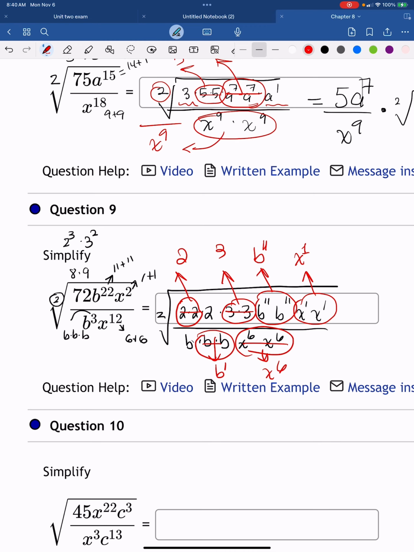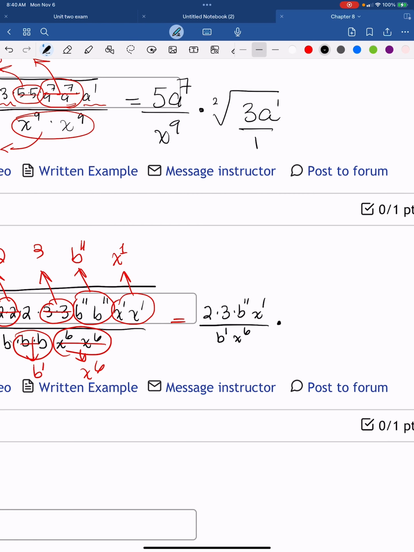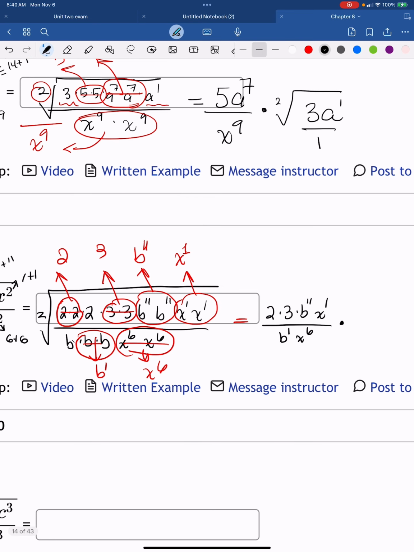But I am left with something in the denominator. So I've pulled out a 2 times 3 times b to the 11th times x to the 1 all over b to the 1, x to the 6th. And I'm left with the 2 here and the b. So I'm left with 2 over b.